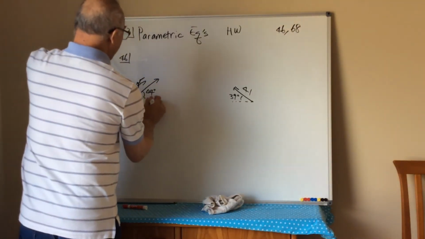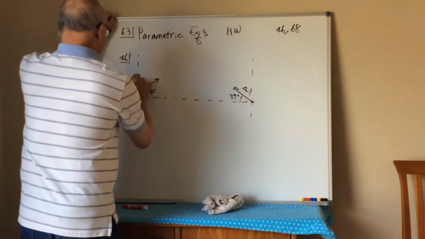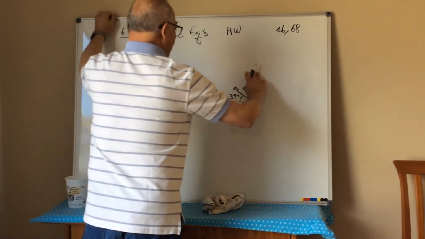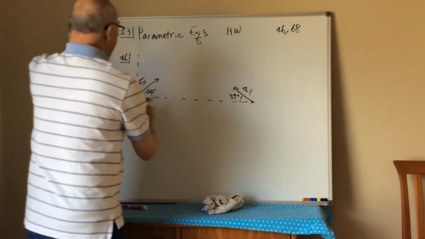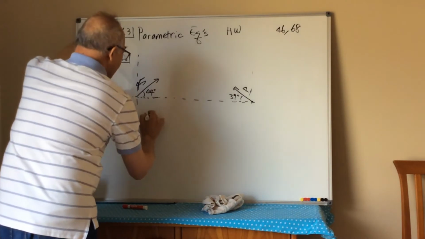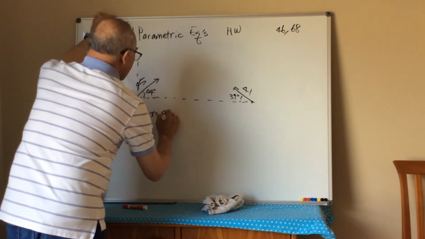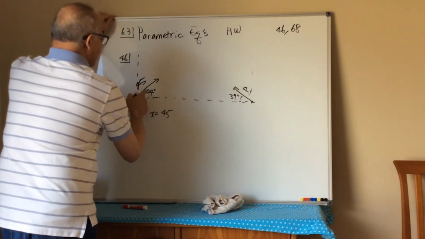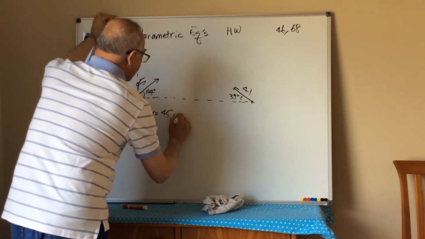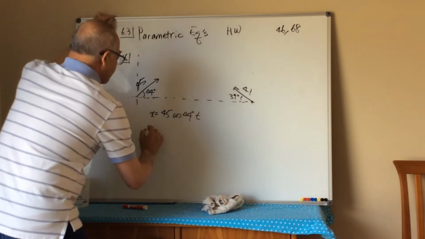We're going to call this point 0. So this is going to be 0 here. In other words, this is 0 height right here. So in the x direction, for this guy, I have x is equal to 45 times the cosine of 44 degrees t.